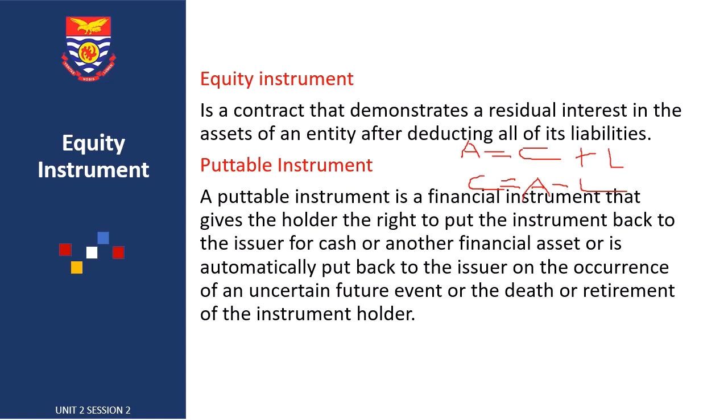A putable instrument is a financial instrument that gives the holder the right to put the instrument back to the issuer for cash or another financial asset, or is automatically put back to the issuer on the occurrence of an uncertain future event, on the death or retirement of the instrument holder.